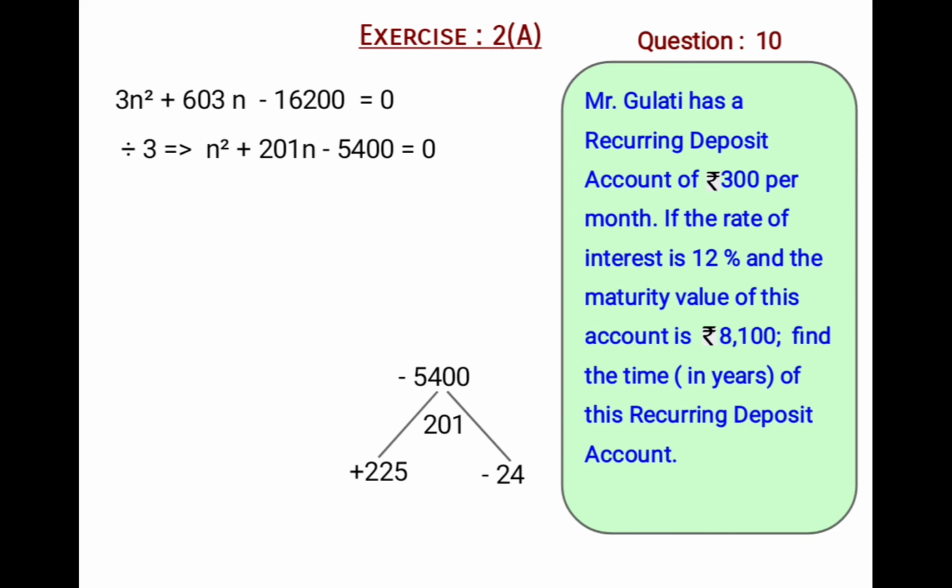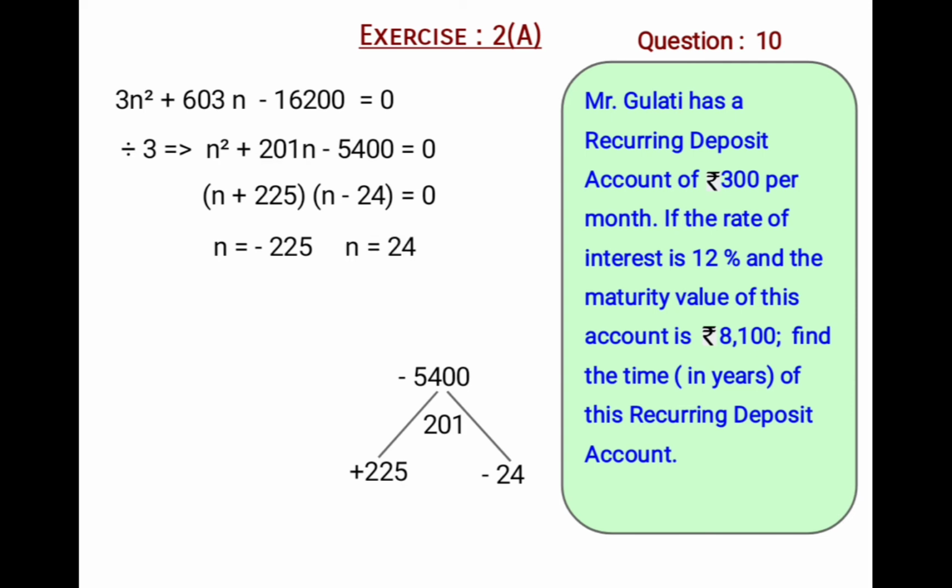On simplification, we will get n plus 225 of n minus 24 equal to 0. Therefore, n is equal to minus 225 or n is equal to 24.